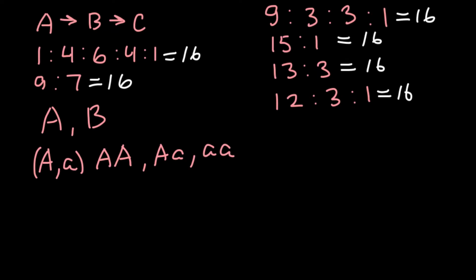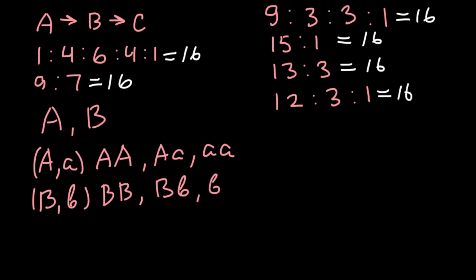Gene B also has two alleles, a dominant allele and a recessive allele, and these two alleles in diploid organisms also produce three combinations: dominant dominant, dominant recessive, and recessive recessive. So homozygous dominant, heterozygous, and homozygous recessive. Now, when we know that this trait is under control of two genes, let's think.